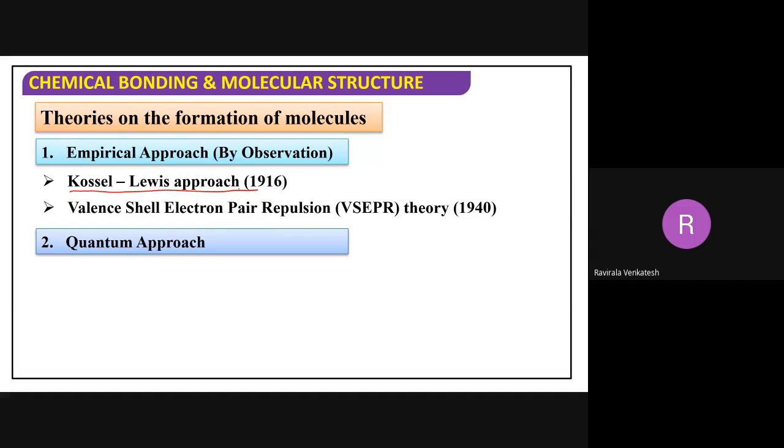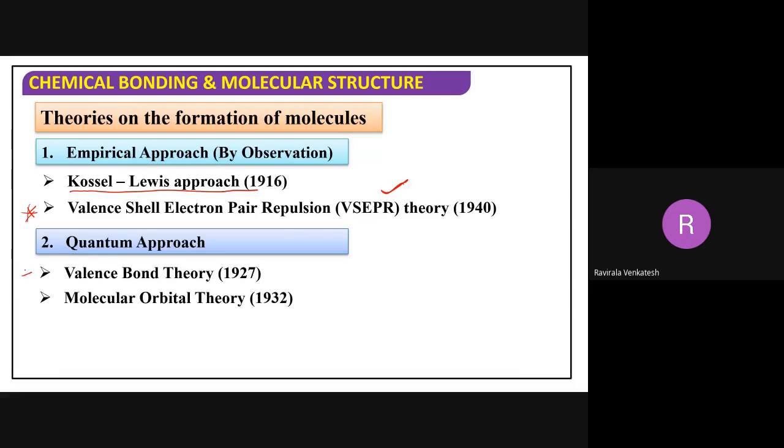Then VSEPR theory, valence shell electron pair repulsion theory, which is very important and we'll discuss in coming days. And VBT and MOT theory. Today we'll start with the Kossel-Lewis approach, and the remaining three theories we'll discuss in the next classes. All four theories are very important for us.